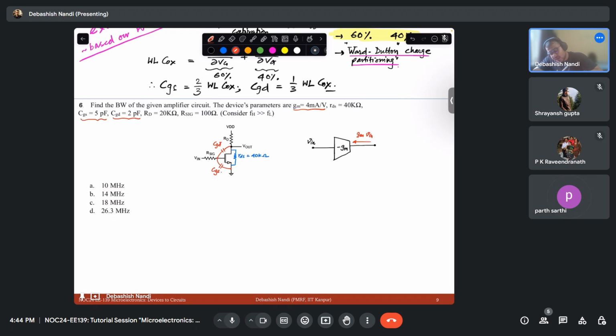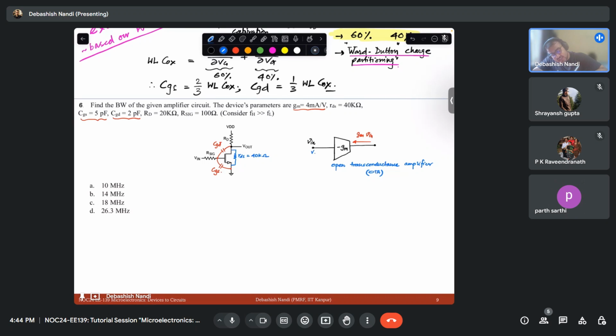So this is nothing but another kind of small signal representation of the circuit. This is called an operational transconductance amplifier, or OTA.